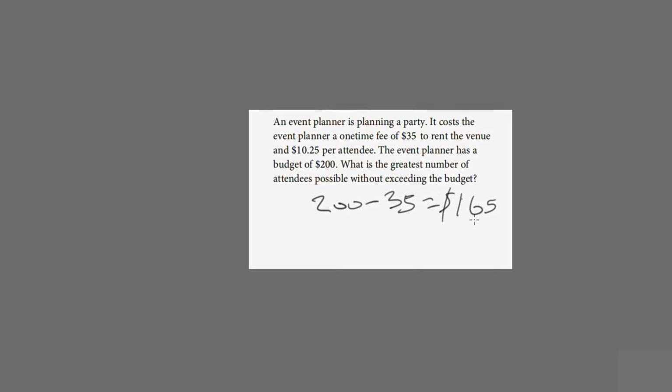So now that we have this amount, after subtracting the one-time fee of $35 to rent the venue, and $10.25 per attendee, to know the greatest number of attendees possible without exceeding the budget, what you now do will be to divide this amount, $165, by this amount of dollars per attendee.